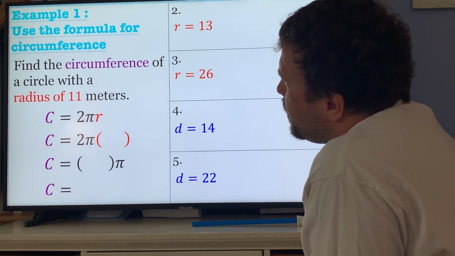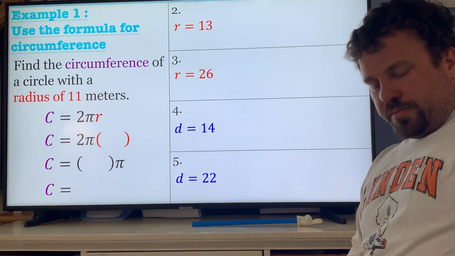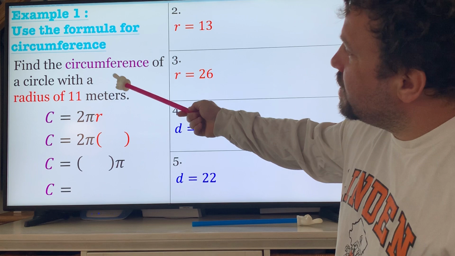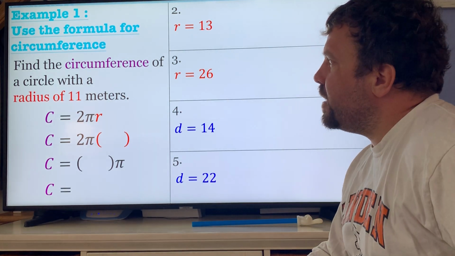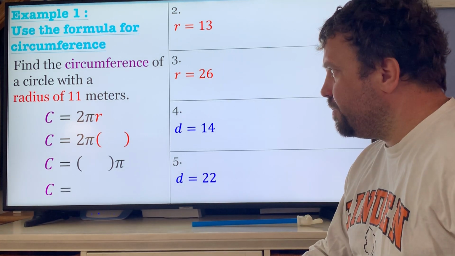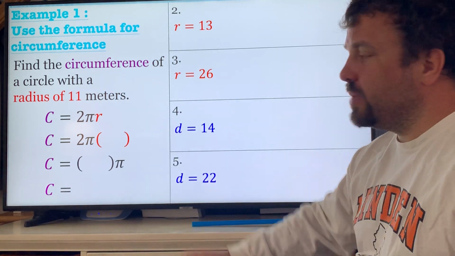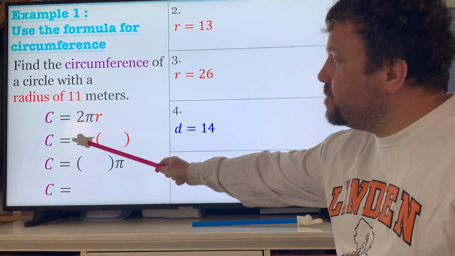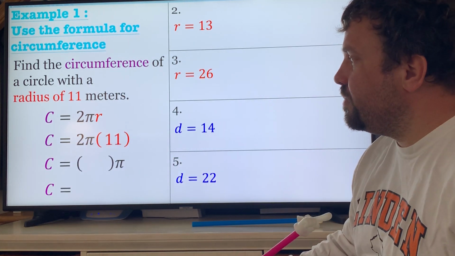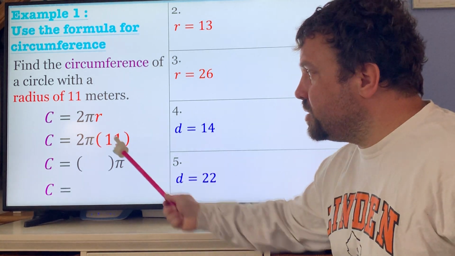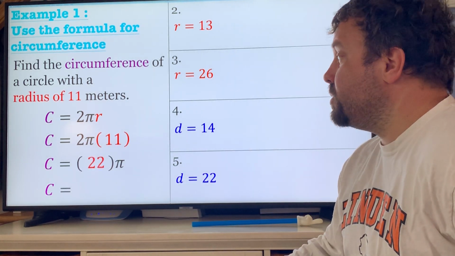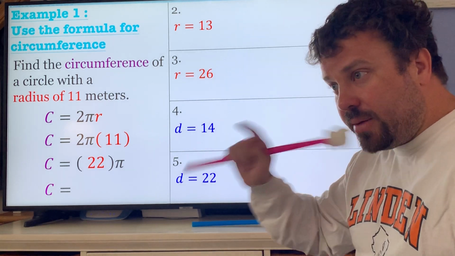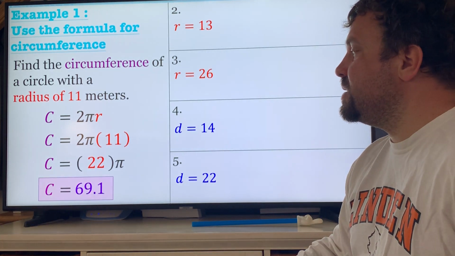Example 1. Use the formula for circumference. Find the circumference of a circle with a radius of 11 meters. Why don't you guys try that? All you do is take the 11 and plug it in for r. So 2 pi times 11. What's 2 times 11? 22. 22 times, hit that pi button, 22 times pi is 69.1.